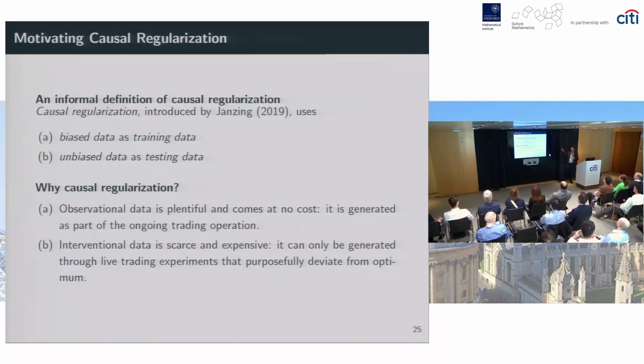The reason the tech industry developed this, and it hasn't been quote unquote invented in fields that have a much longer history of doing causal inference, is because they are in that regime where they have essentially infinite observational data, but very limited interventional data. So from a business perspective, causal regularization makes sense because of the data regime we're in, which is different from the data regime in, call it, traditional economics and healthcare.